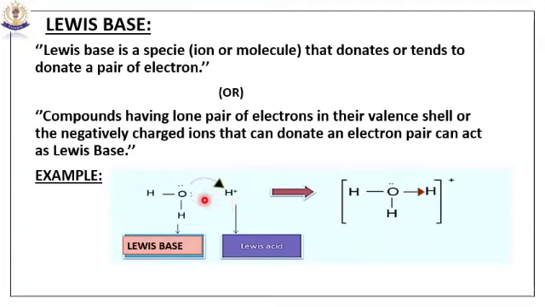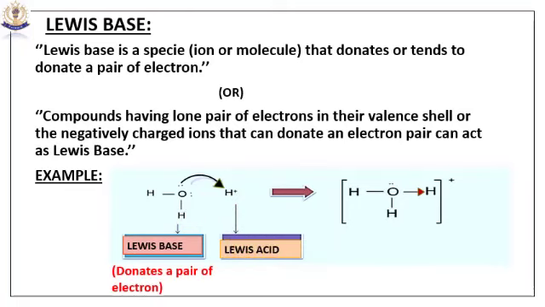As a result, it accepts a pair of electrons from water and acts as Lewis acid because it is accepting an electron pair, while water acts as a Lewis base because it is donating an electron pair. So proton acts as Lewis acid, water acts as Lewis base, and as a result it forms hydronium ion.